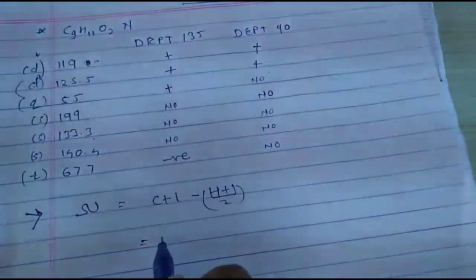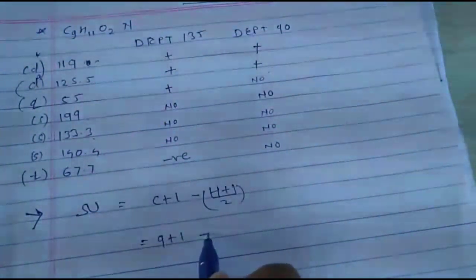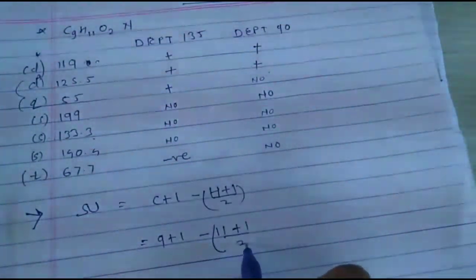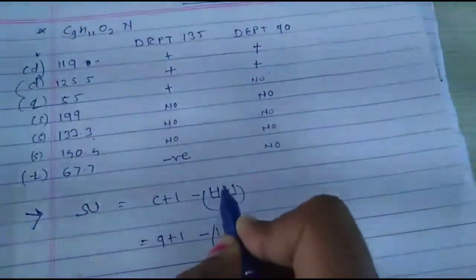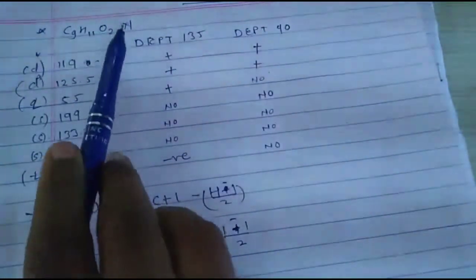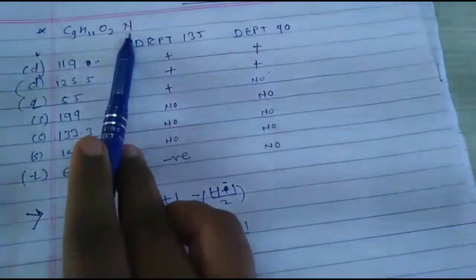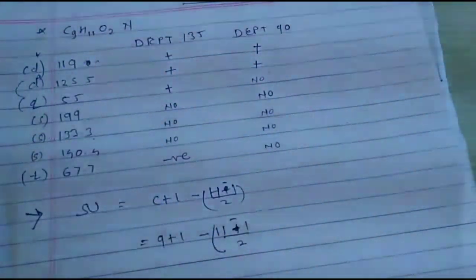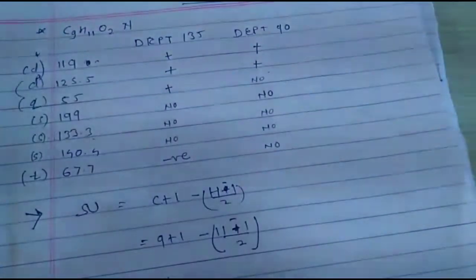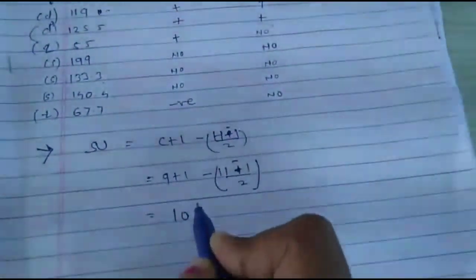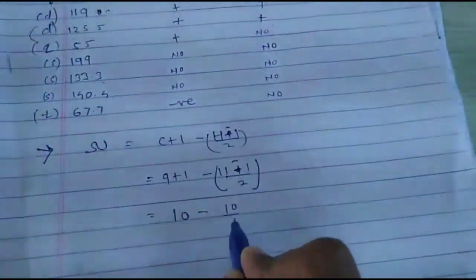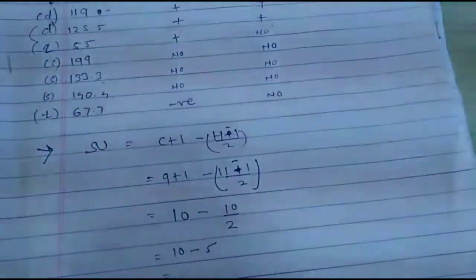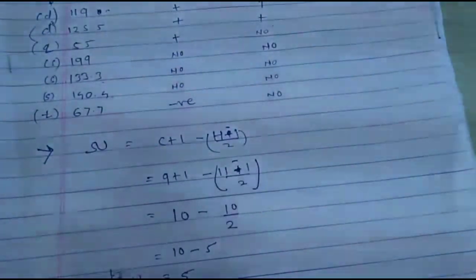Here C is 9 plus 1 minus 11 plus 1 divided by 2, minus 1. If nitrogen is present, we subtract from the hydrogen, and if halogen is present, we add 1 to the hydrogen. So 9 plus 1 is 10 minus 10 divided by 2, which is 10 minus 5, equal to 5. Sites of unsaturation are 5.